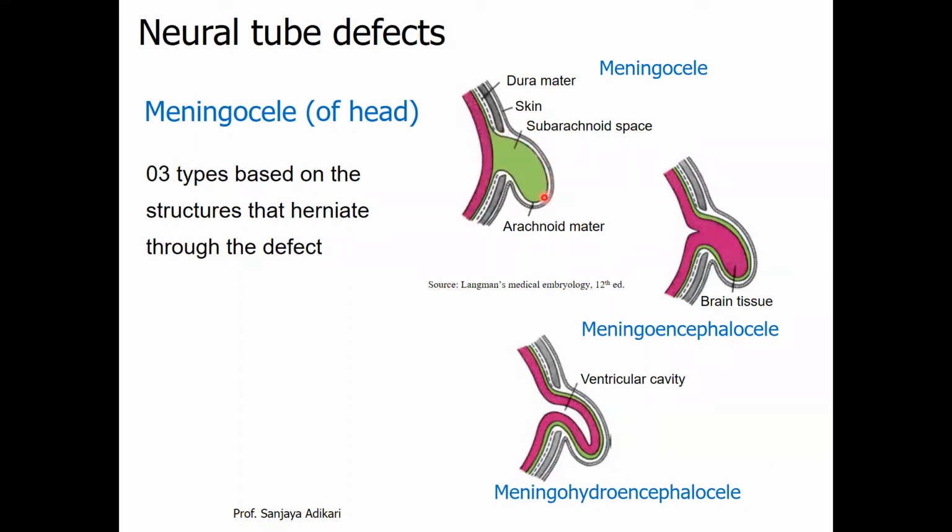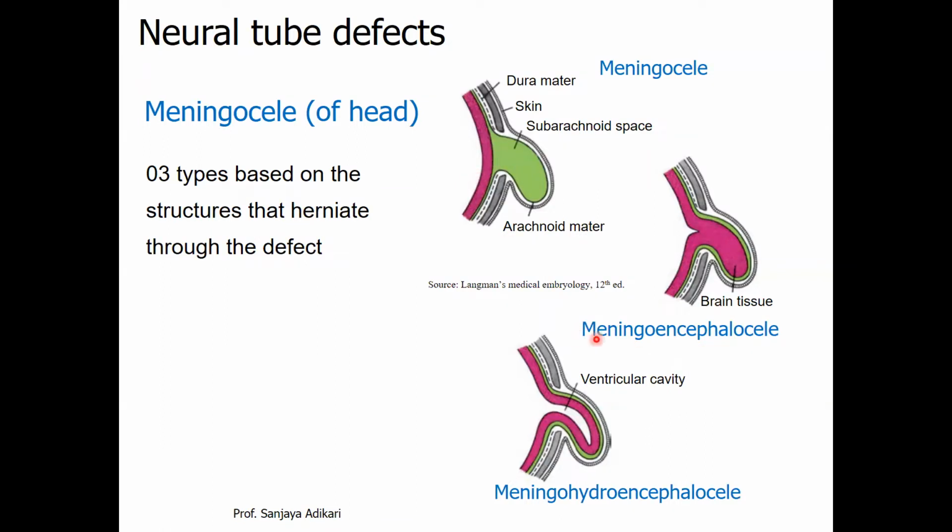The arachnoid mater is here, you can see. The dura also can be there, I think. And it is filled with subarachnoid cerebrospinal fluid. So that is called meningocele. The brain tissue is intact inside. So it's not a very serious condition, because the brain tissue is anyway inside.